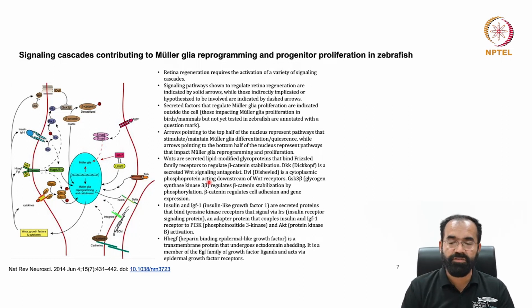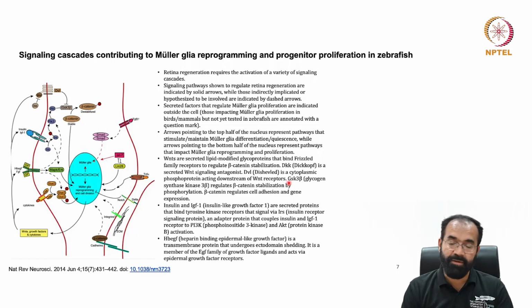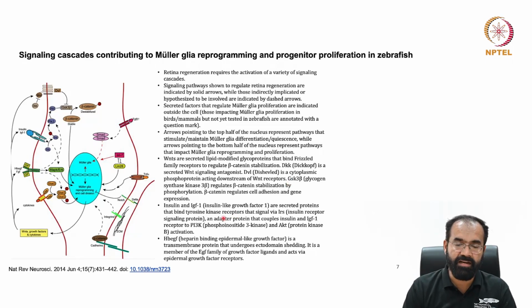The dislodging of disheveled is by a cytoplasmic phosphorylation acting downstream of Wnt signaling events. Because of this, the degradation of beta-catenin will be prevented. This will stabilize beta-catenin, which will go to the nucleus and act on the various target genes.